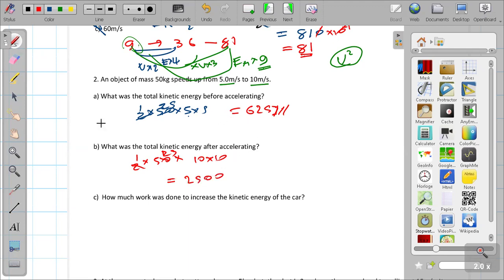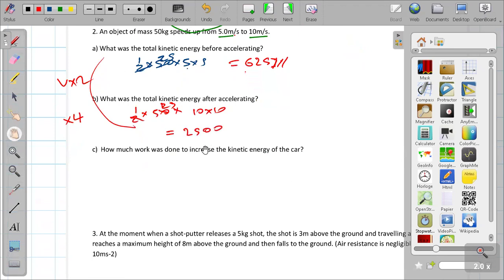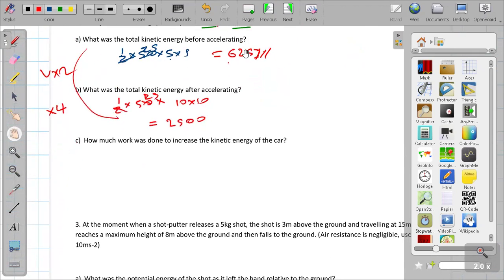Now see, velocity got doubled, energy got multiplied by 4. Understand? But for essay questions, you have to show it in the proper way. But if it was an MCQ, you could easily multiply this answer by 4 and get this. Because 625 times 4 is 2500.